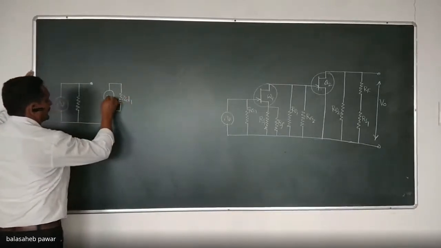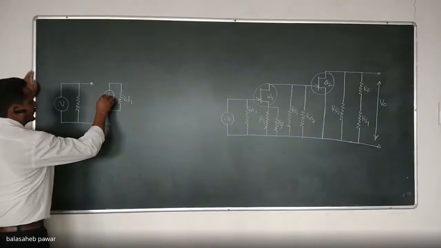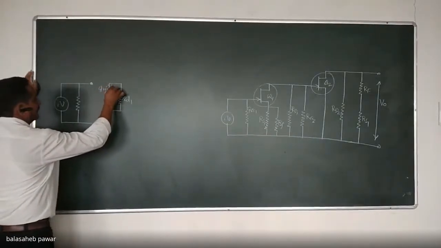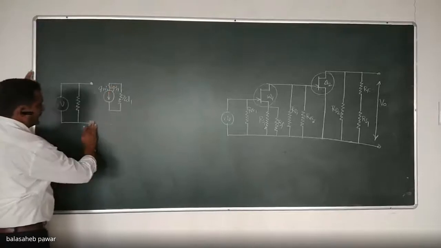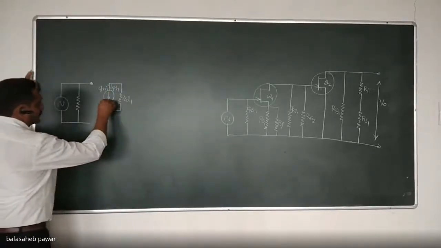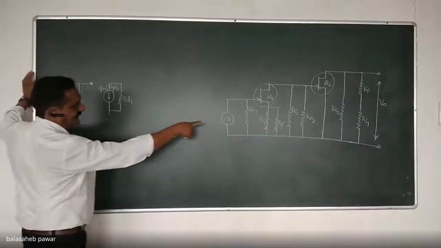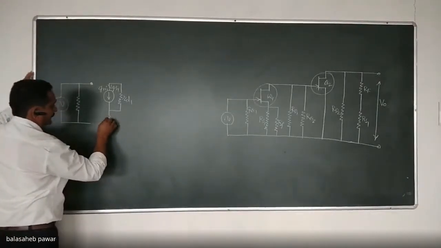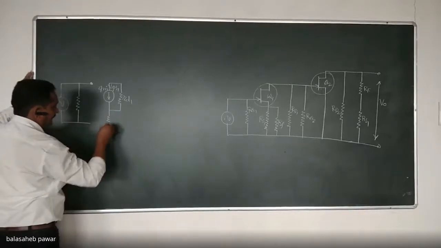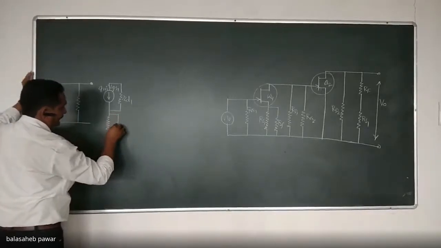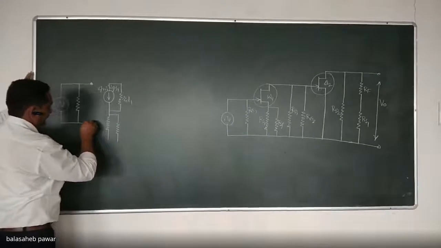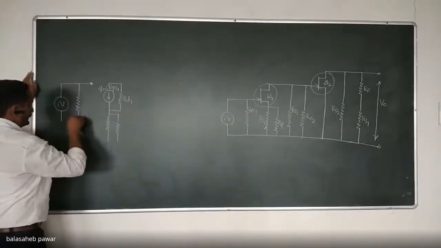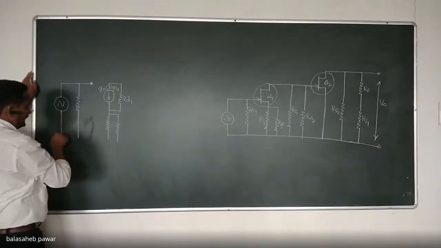Then that output current is gm into VGS1. Then to the source terminal, there are two resistors, RS1 and RF, as it is. So I will show them like this and like this. Okay, we just make a small change so that it looks properly.